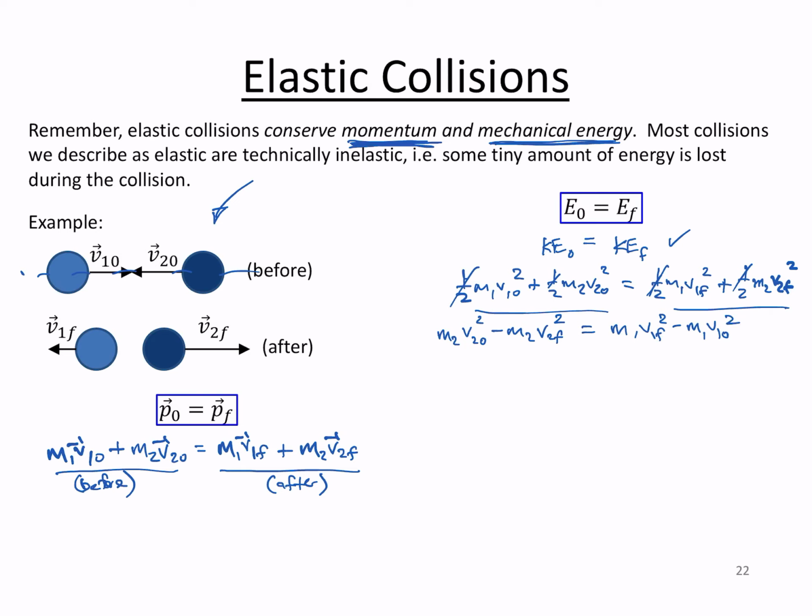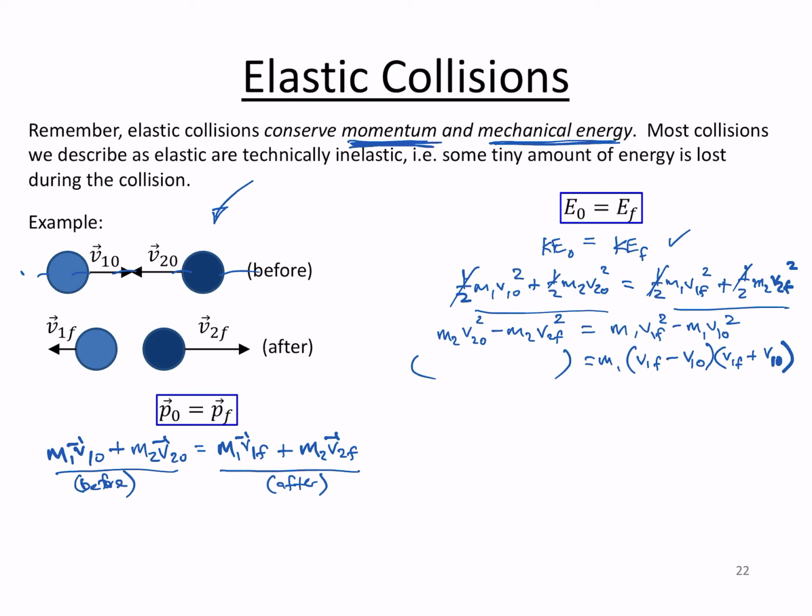And then you factor these, right? So you pull out the, say, M1, and you factor this into V1 final minus V1 0 and V1 final plus V1 0. Okay. If you look at that, the cross terms cancel out, and you can factor it in this way. You can do the same thing over here on the left.